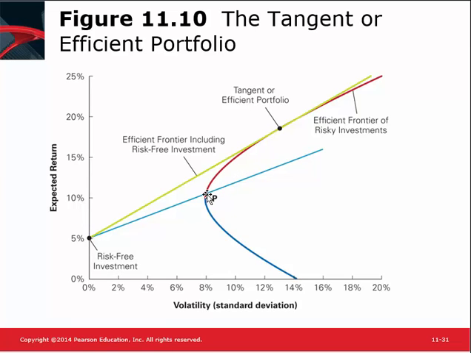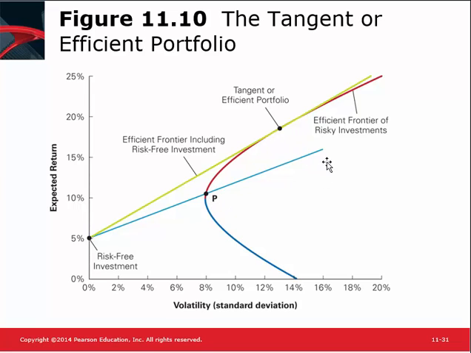And as you can see then, if these are our choices, between 5% and here, these are long positions. You're going to buy Treasury securities, and you're going to buy this efficient portfolio up here. And everything beyond that point is you're going to borrow at the risk-free rate, and you're going to use that money along with your investment money and buy more of this efficient portfolio.